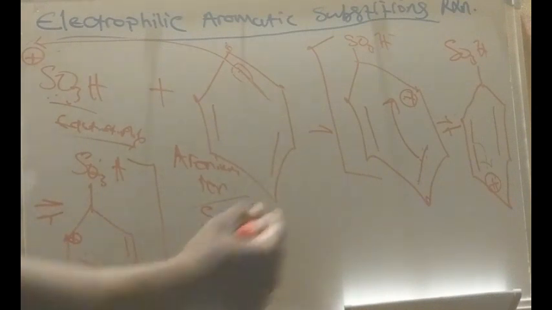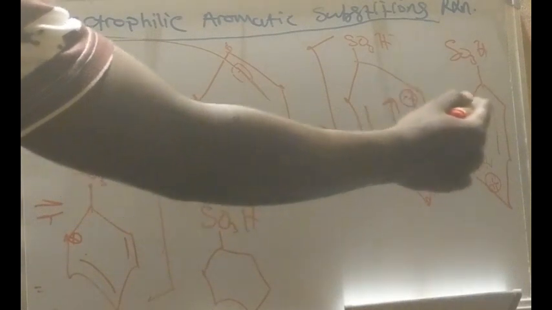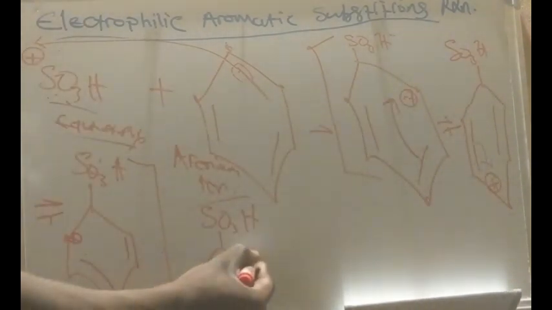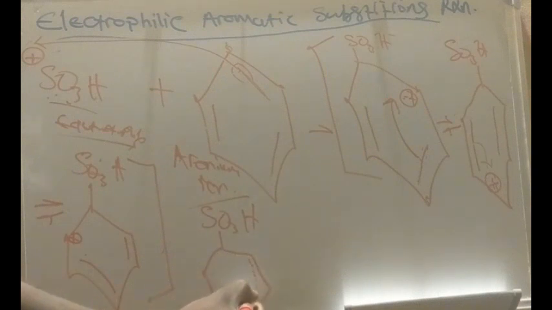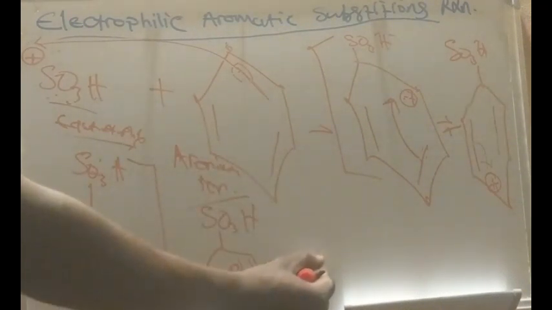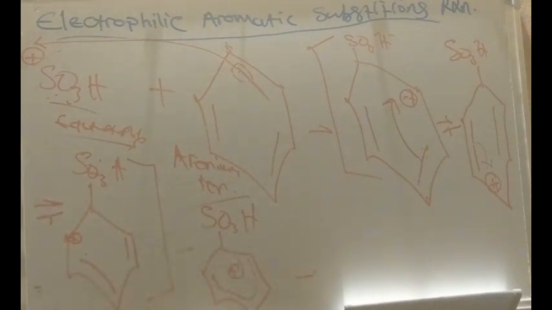So the positive charge had begun from here, it had resonated until there. So we'll start from here, this position. Okay, until there, yes. And then we indicate a positive charge to show resonance. So this is our arenium ion, and these are our resonance structures of this reaction.